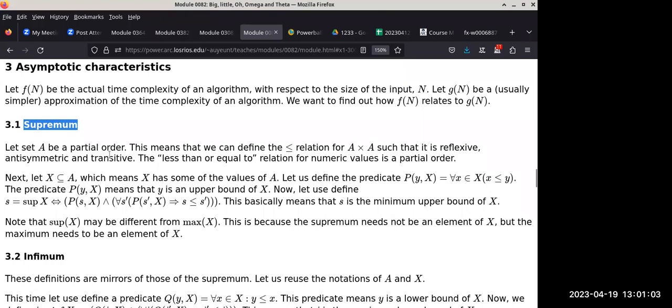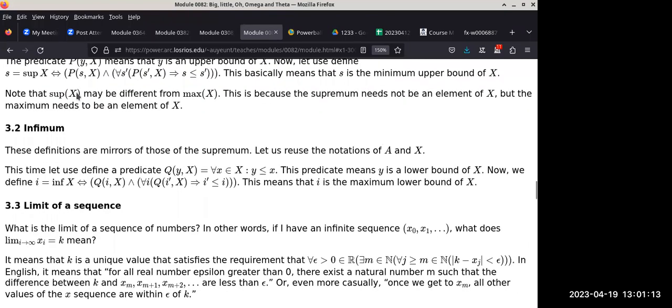All right. But it will also work in a set that is not totally ordered. It only requires it to be partially ordered. So note that the supremum of x may be different from the maximum of x. This is because the supremum need not be an element of x, but the maximum needs to be an element of x. So that's one of the differences.